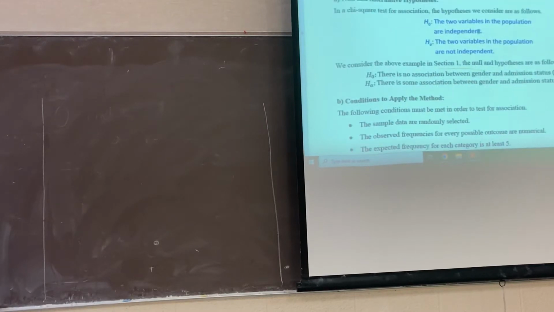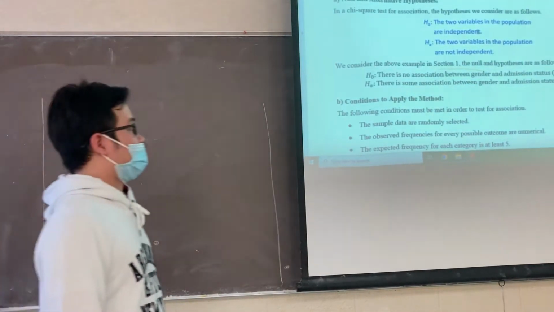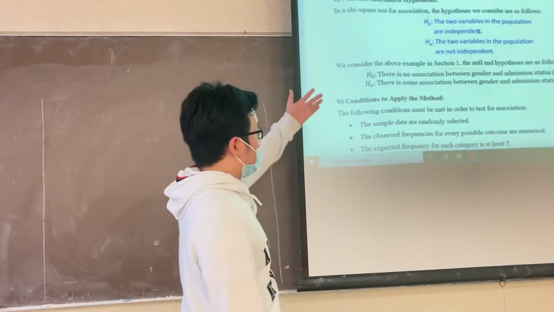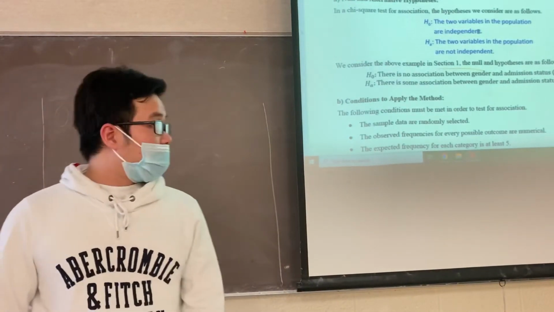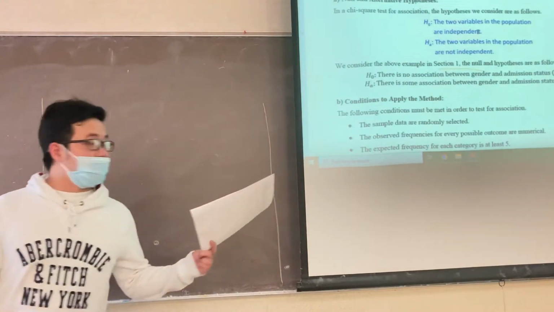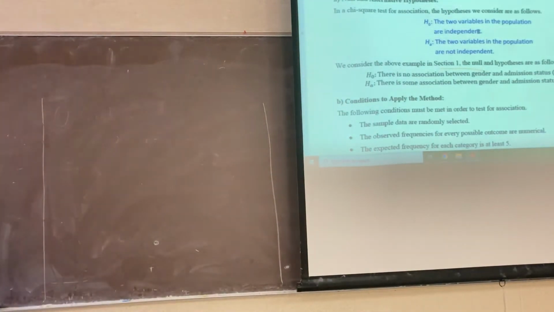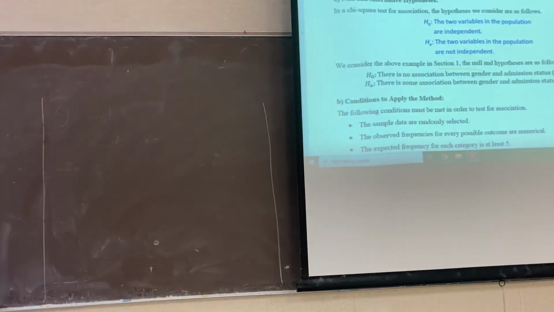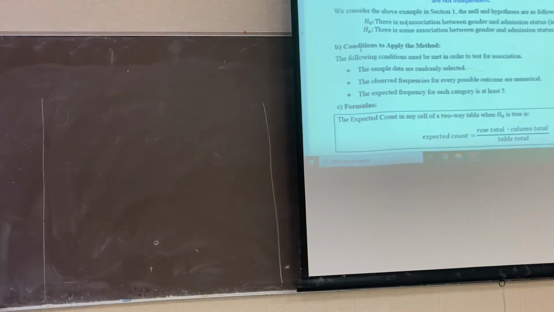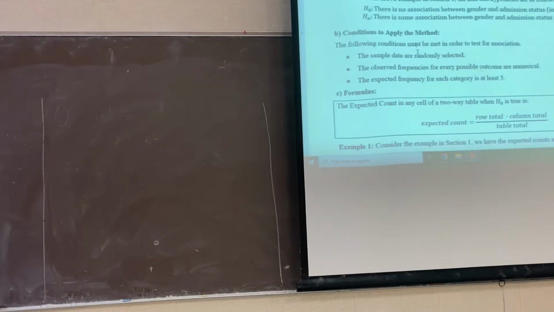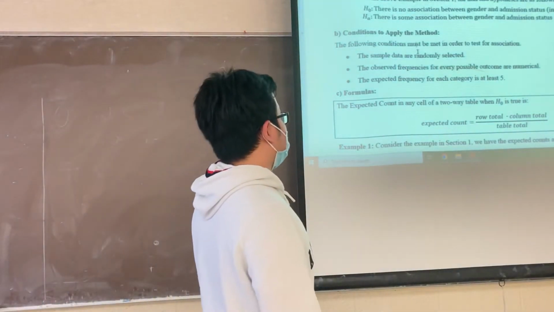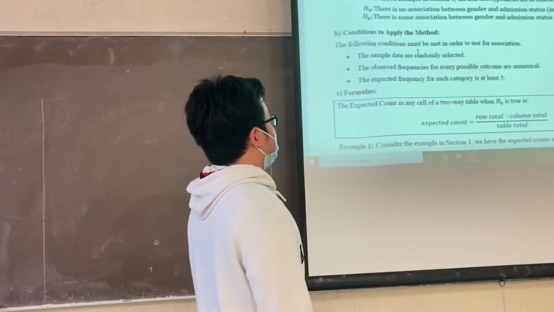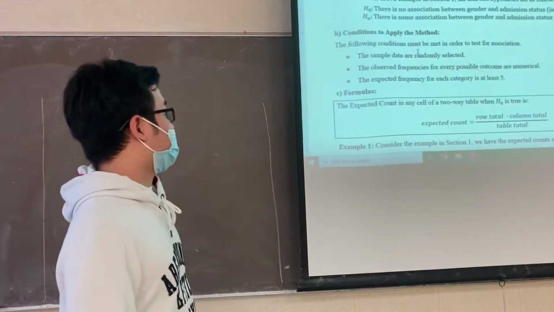And how do we make the decision when we have two hypotheses like this? Here I will introduce to you the method of the chi-square test for association. When we consider this, we have to care about the conditions to apply this method. First, the sample data are randomly selected.